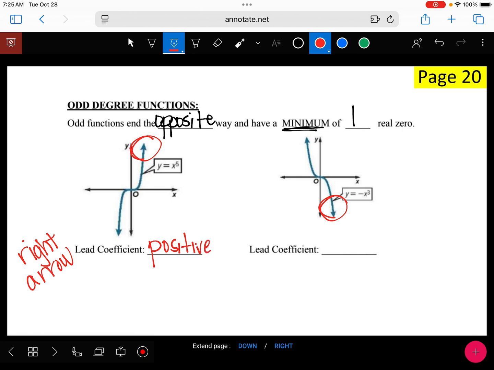And on the one on the left, the arrow goes down, so that would be negative. Any questions? Okay.